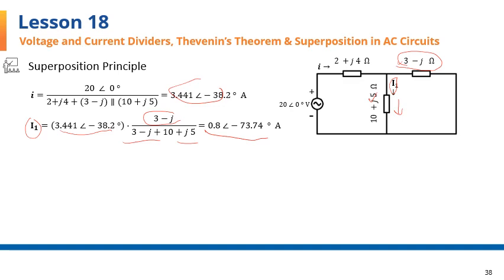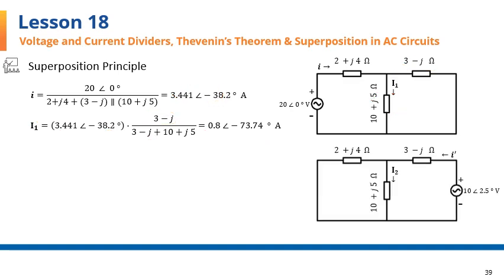Now we'll zero out the 20 volt source and find the current due to the 10 volt source. And here's that circuit in the bottom. First, let's find I prime, again by dividing the voltage here by the equivalent of the three impedances here. And here's that equation.